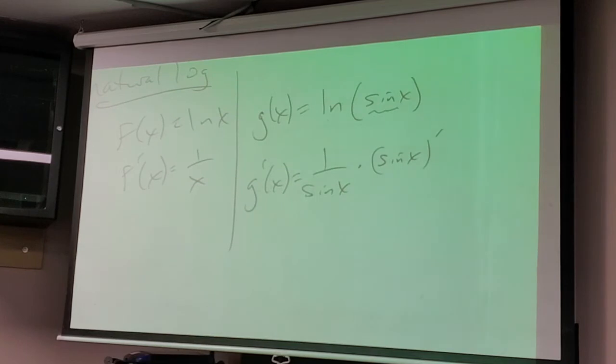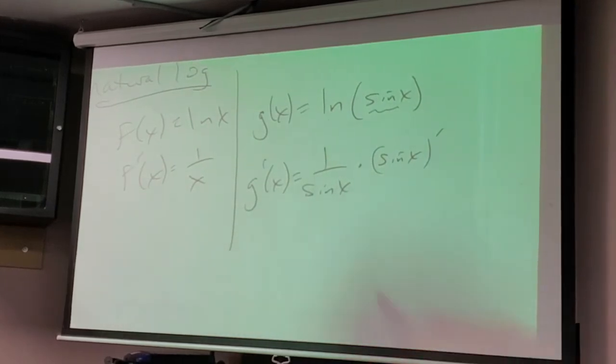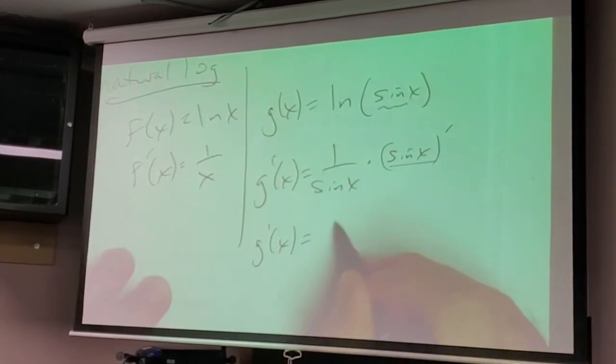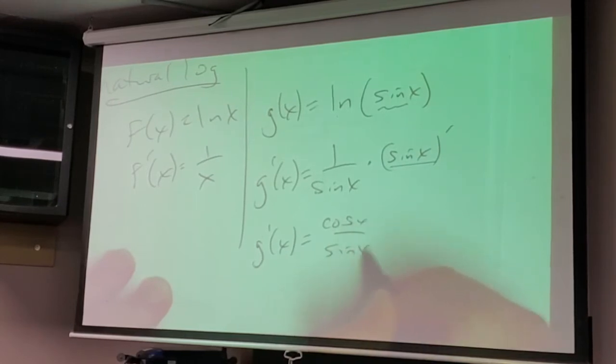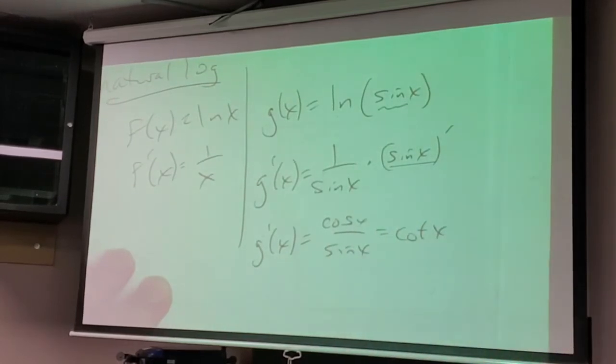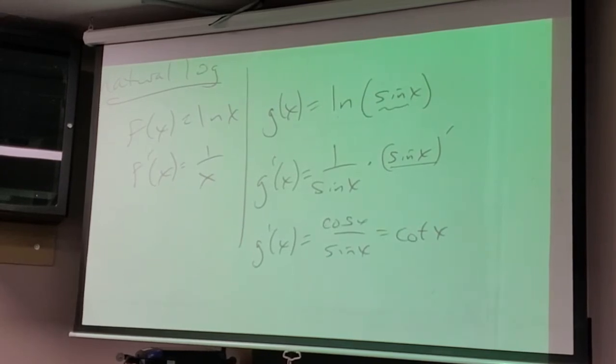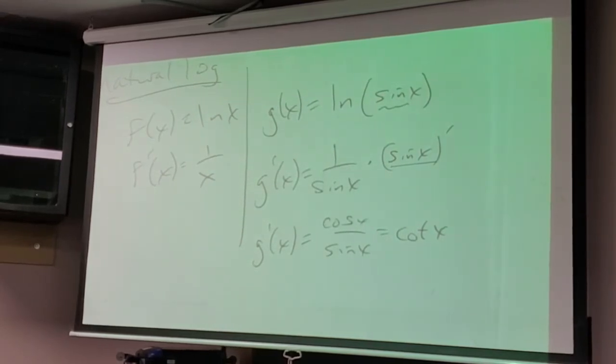It just says if there's an inside, it gets a turn, right? That's all it does. Nothing special about natural log, nothing special about any function. So what's g prime going to be? Yeah, I like it. Derivative of sine is cosine. Cosine over sine is cotangent. Not really what we expected necessarily, right? But that's what it is.